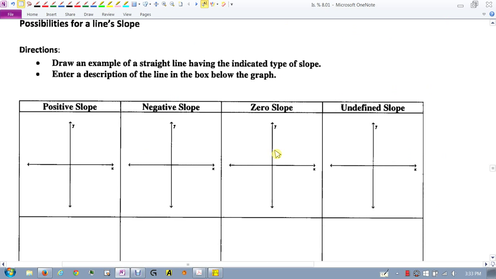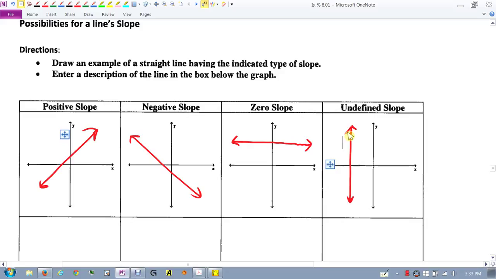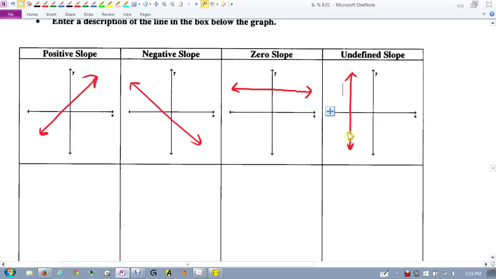Okay, let's move on. Possibilities, we already talked about this. Positive slope looks like this. Negative slope looks like this. Zero slope would be what? Horizontal line. And it could be moved around, but this is just to give us an idea of what's happening. Undefined slope, vertical line. I'm filling in what these are.